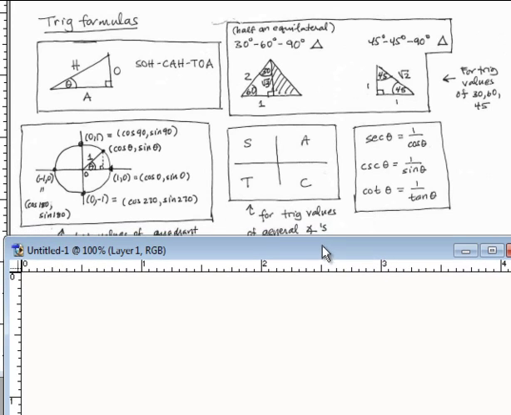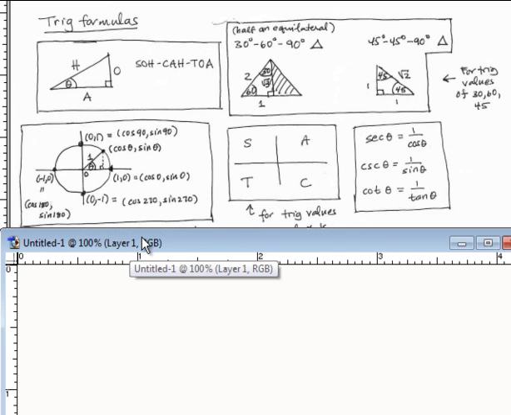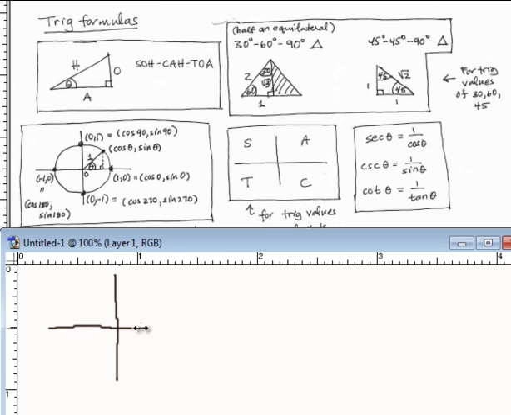All right, let's look at this circle here. Let's understand the circle. You asked me about the circle on the phone. This is a circle with radius 1, and I drew it on a set of xy axes.